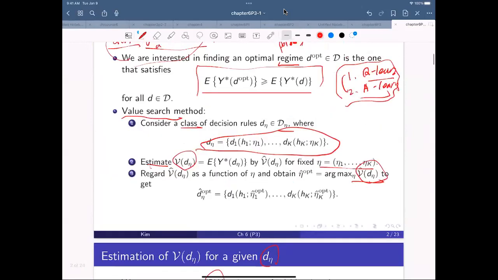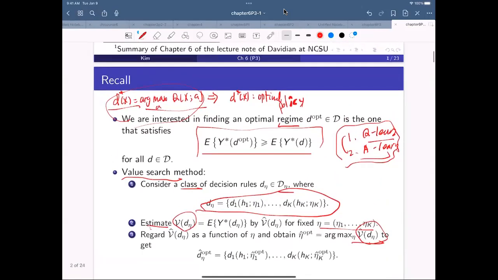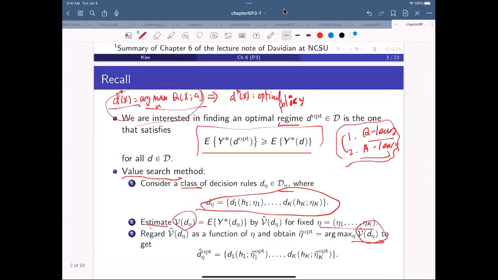This is the starting point of the discussion, the description of the value search method. You have a class of decision rules in the beginning, and your problem is to find eta.